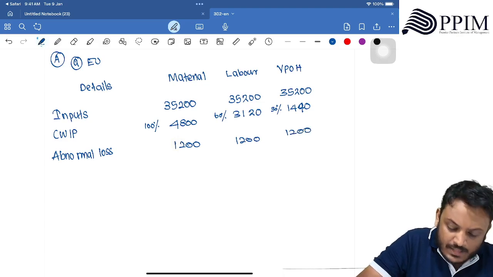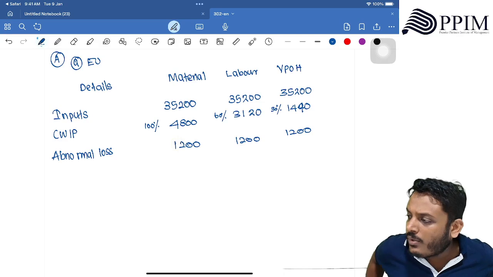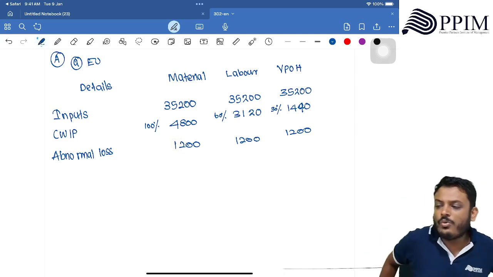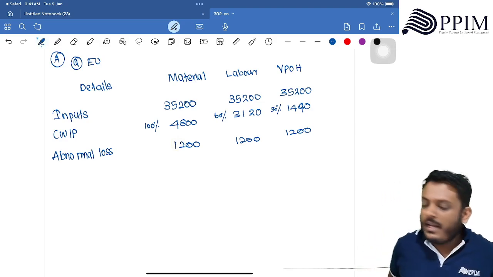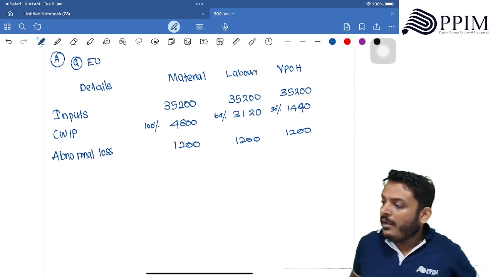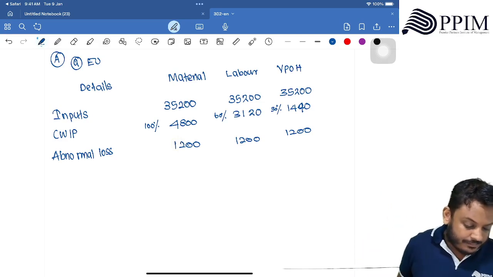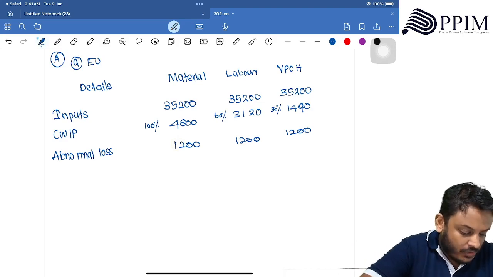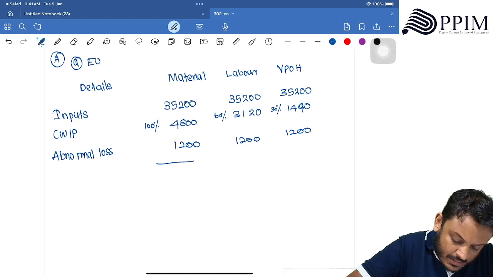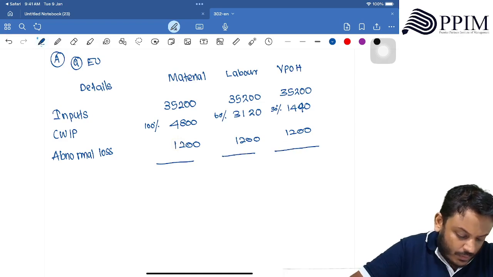If there is an abnormal loss, when you are calculating equivalent units, take it throughout, because material is there, labor is there, overheads are there. Now let's calculate the equivalent units.